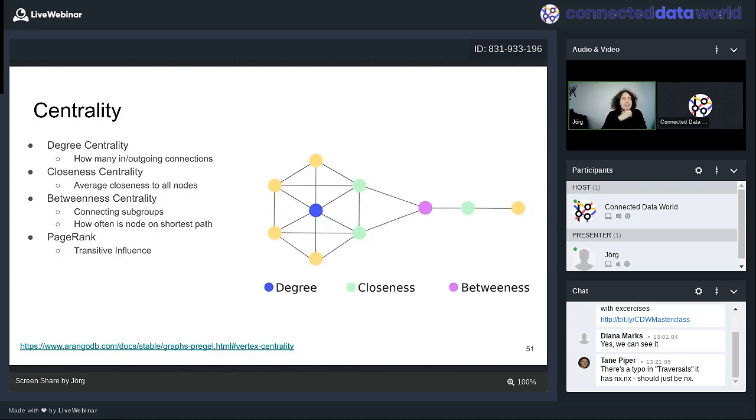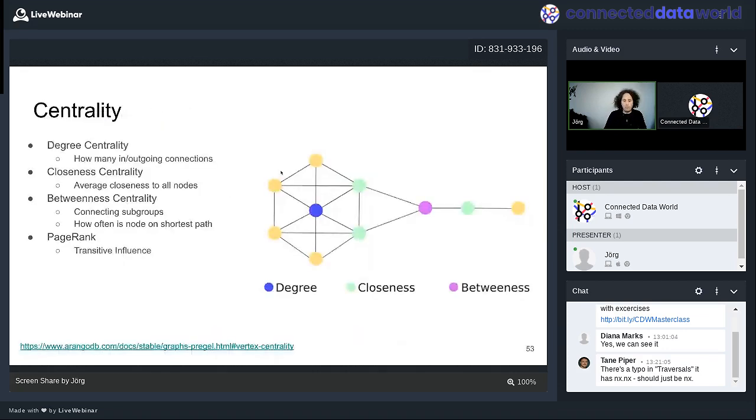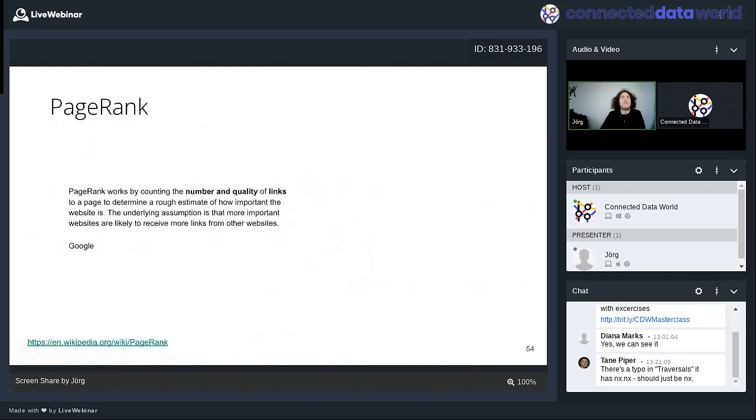Okay, next comes a particular algorithm for so-called transitive influence, and that's PageRank. Before the exercise, let's briefly go through PageRank.